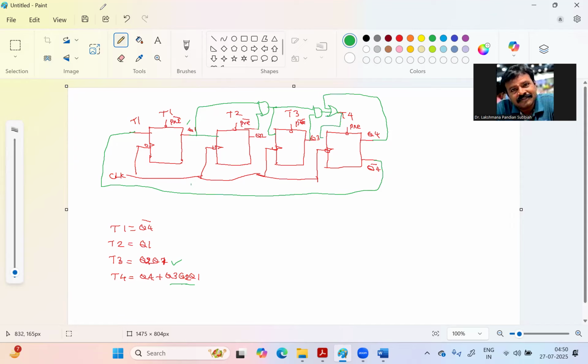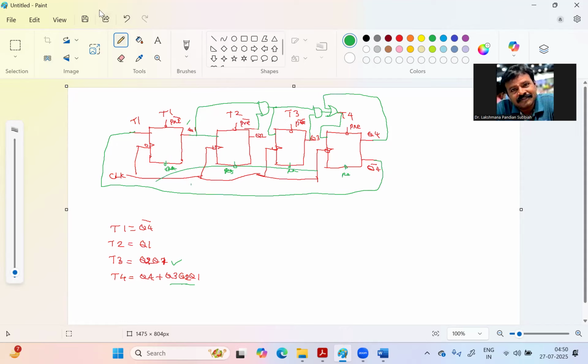Then this is connected with here. And then this is the clear, you don't do anything. So CLR clear or reset. This is reset.